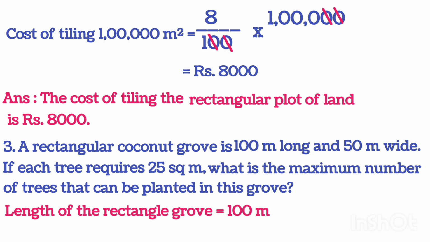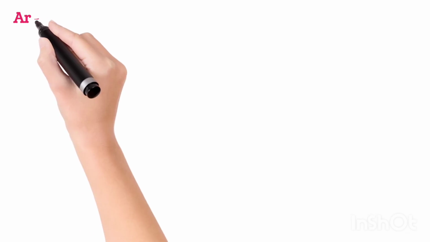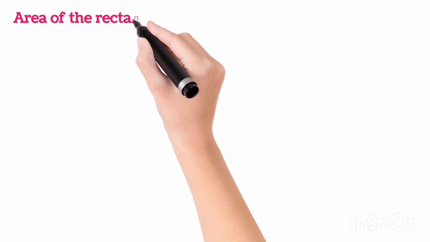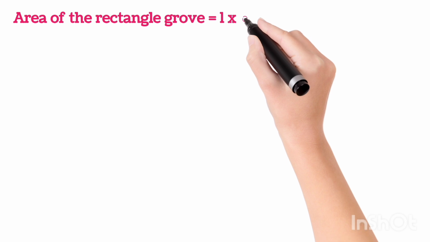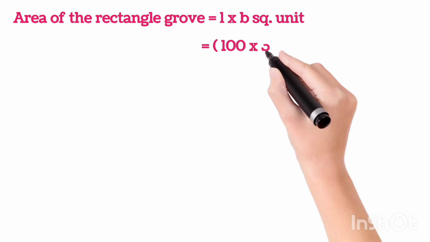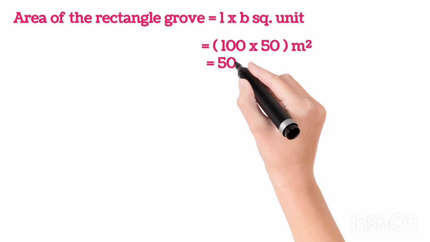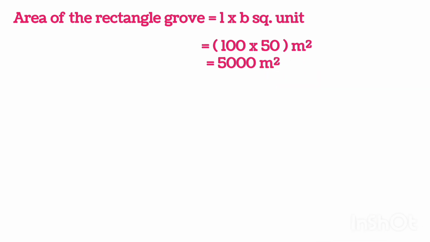First whatever is given, we will write. Length of the rectangular grove equals 100 meter and breadth of the rectangular grove equals 50 meter. Now we will find the area of the rectangular grove, and first we will write the formula. Then we will multiply length into breadth. Length equals 100 and breadth equals 50. So we will multiply, and we will get 5,000 meter square.